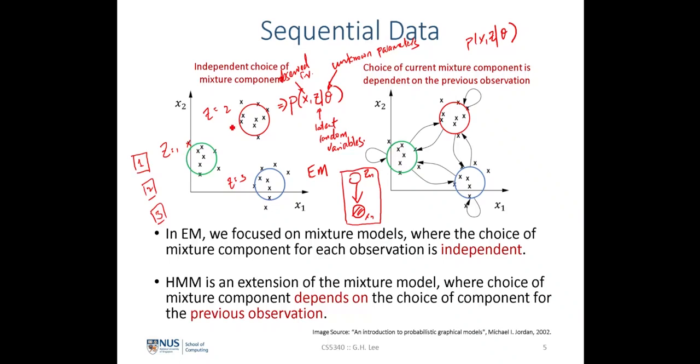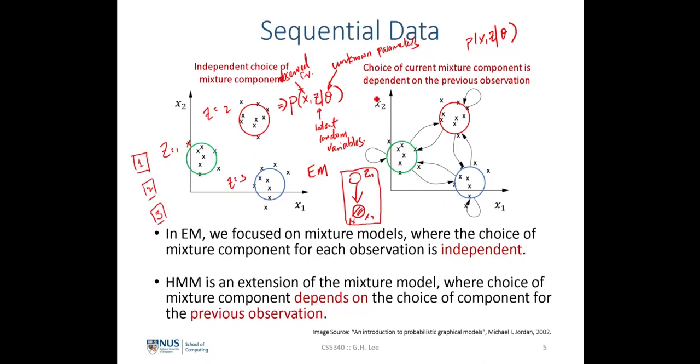So I might end up drawing a second sample from any of the clusters over here. So they are completely independent. Hence, this plate notation in my graphical model over here. So this plate notation means that I repeat this z pointing to x, n number of times, such that they are all independent of each other, where all the clusters or all the assignments are independent of each other.